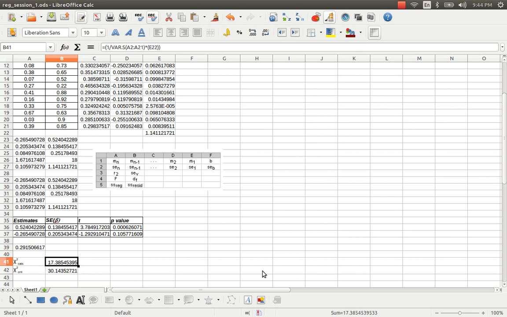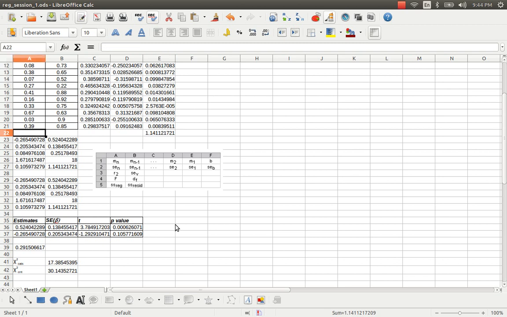So the case is clear now. The calculated value is less than the critical value, and we are going to accept the null hypothesis that the actual error in the population is 0. So we need not worry. Though it is not 0 here in the sample, the same value will not appear in the population. The actual error, the sum of squared error in the population, is going to be 0.